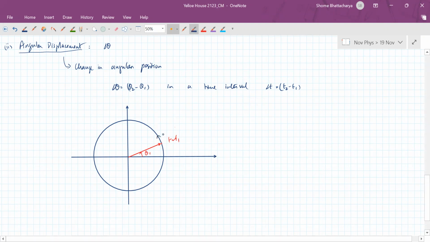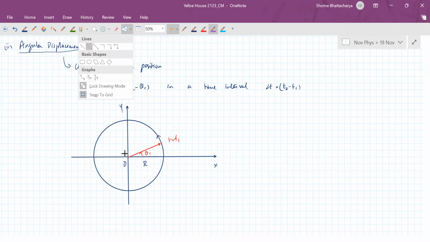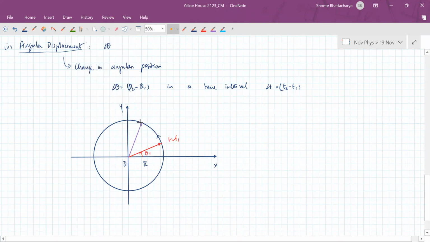Now suppose it's moving like this along a circle of radius r, and after some time, has reached here at time t2, which is t1 plus delta t, and its angular position has become theta 2, such that the change in angular position is this one, delta theta.